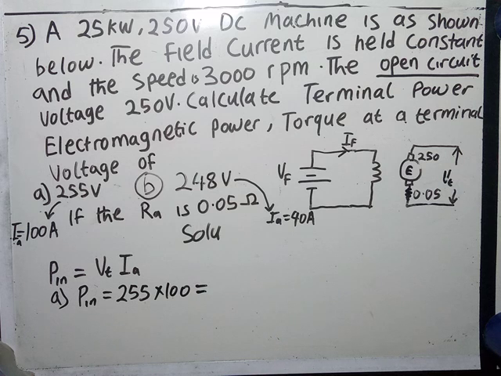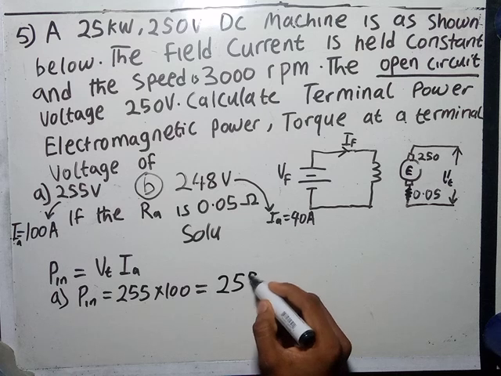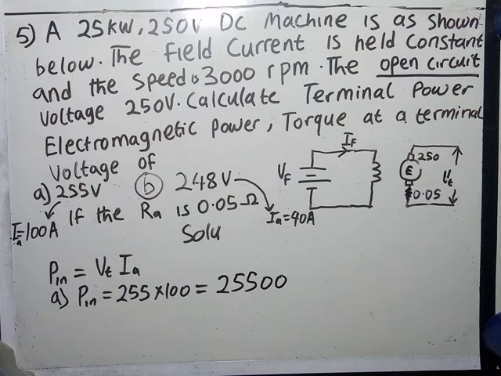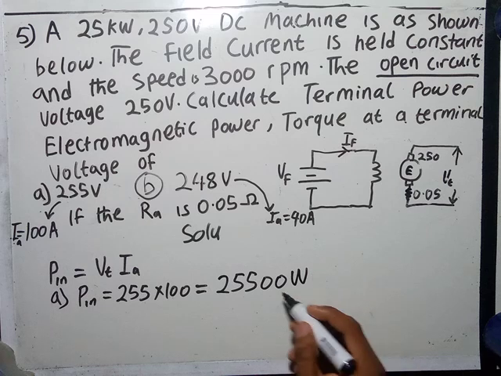Multiplying this, we have that 255 times 100 is equal to 25500 watts.